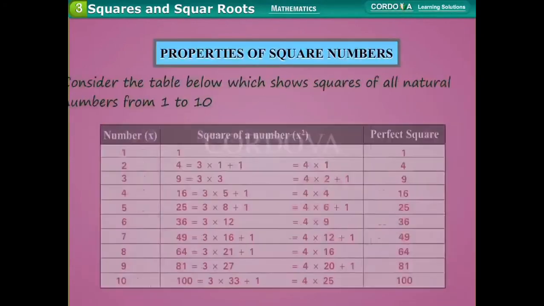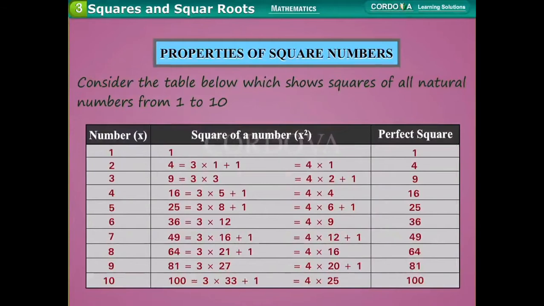Consider the table below, which shows squares of all natural numbers from 1 to 10. Number x: 1, 2, 3, 4, 5, 6, 7, 8, 9, 10. Square of a number x squared: 1.